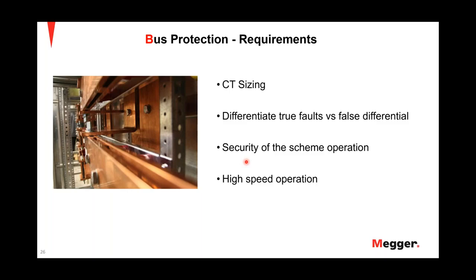And when there is an outage, it can be on a large scale. So the security of the scheme operation is of high importance. And last but not the least is the high-speed operation. We just spoke about how faults on a bus bar can be of high magnitude. So of course we want these faults to be cleared as soon as possible. So the scheme must operate with high speed.